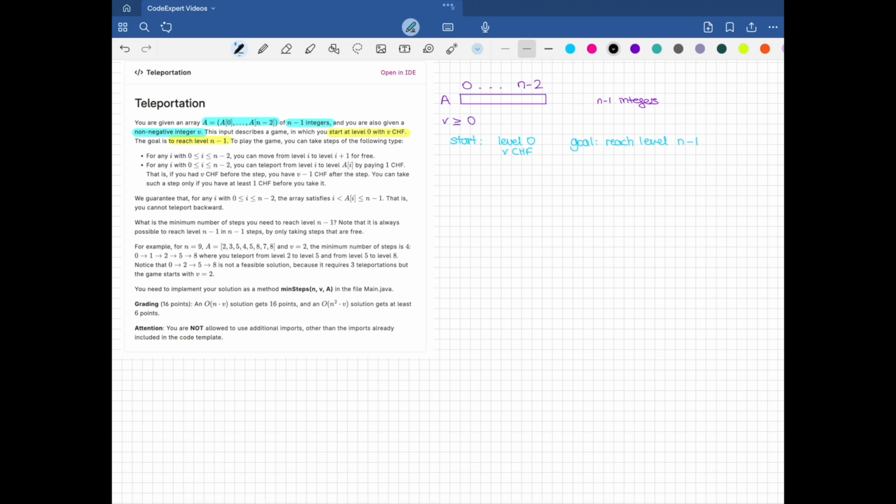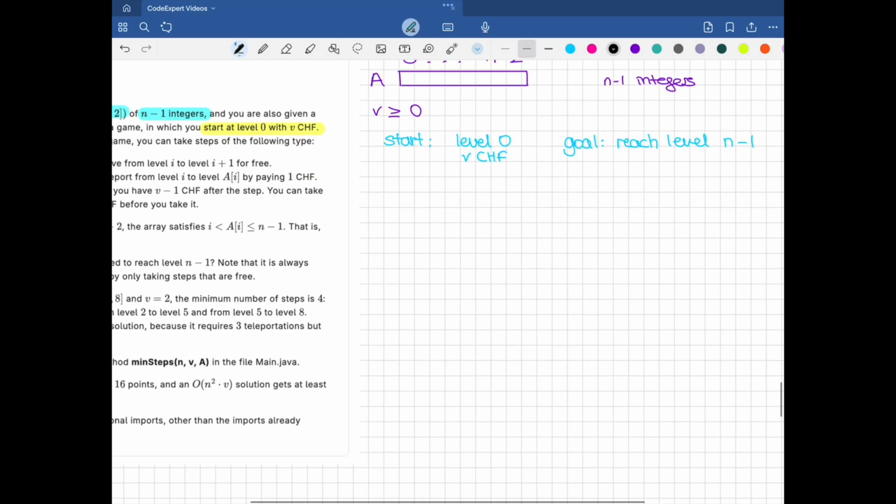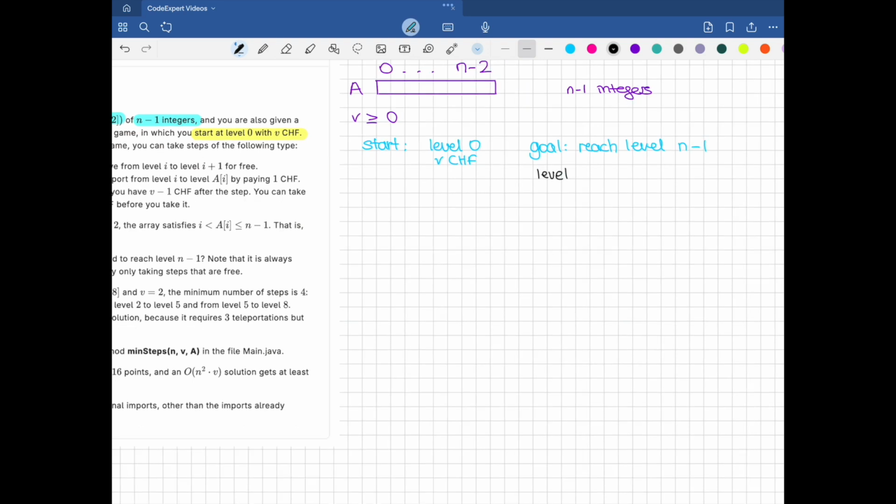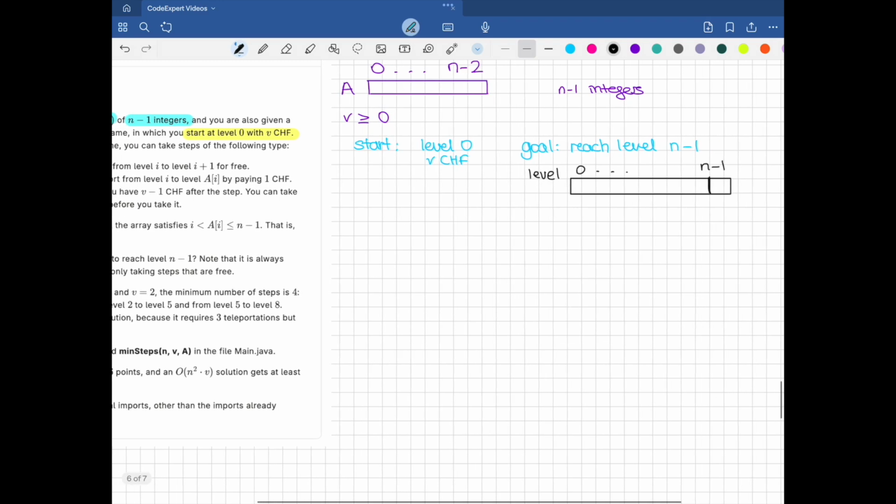So, okay, we probably will use those V francs in some way or another, which will be described in the following, but till now we know that we have a thing called levels. We start at 0, we try to reach n minus 1, this is the goal, and we have V francs.